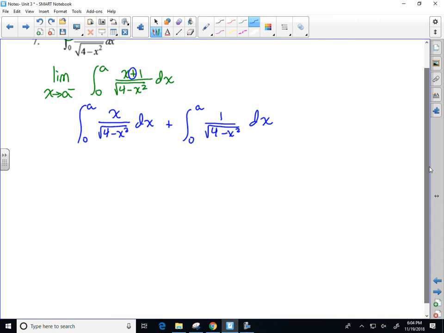The first part is a U-Substitution component. The second part is an inverse trig component. So let's tackle the U-sub part first.